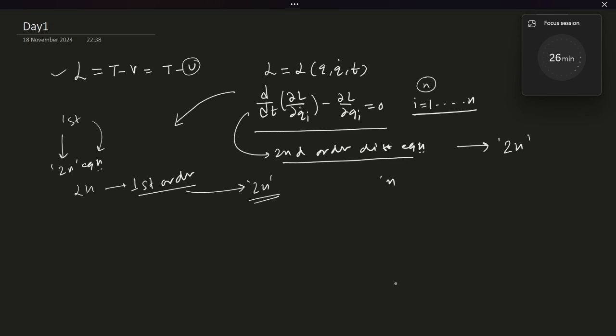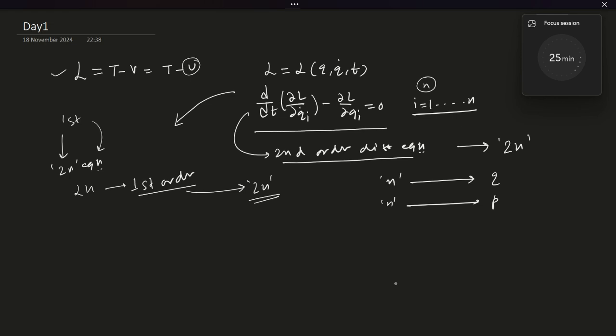Among the 2n differential equations, n will be first order differential equations of q, and another n will be first order differential equations of another quantity, which is p. Now what is p?